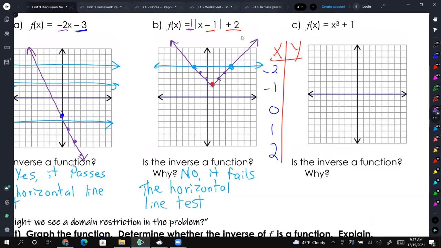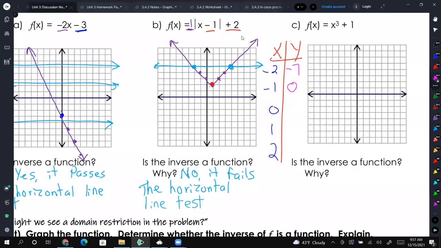-2 to the third power plus 1 is -7. -1 to the third power plus 1 is 0. 0 to the third power plus 1 is 1. 1 to the third power plus 1 is 2. 2 to the third power plus 1 is 9.